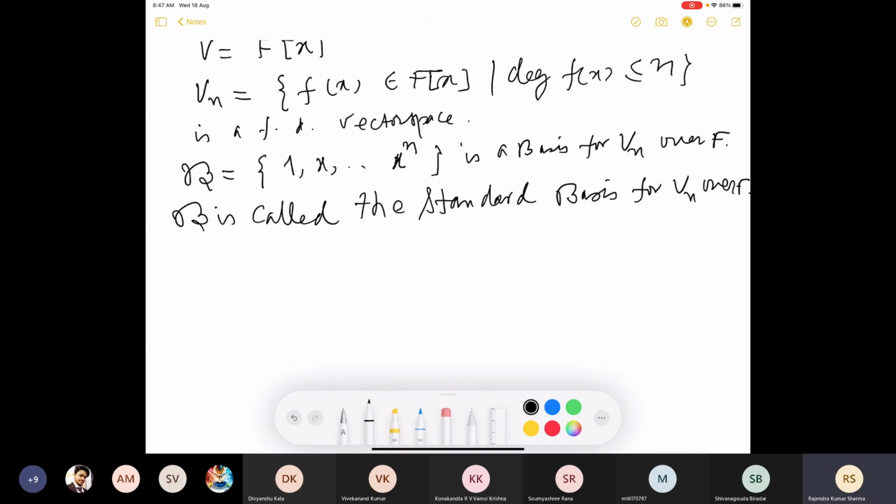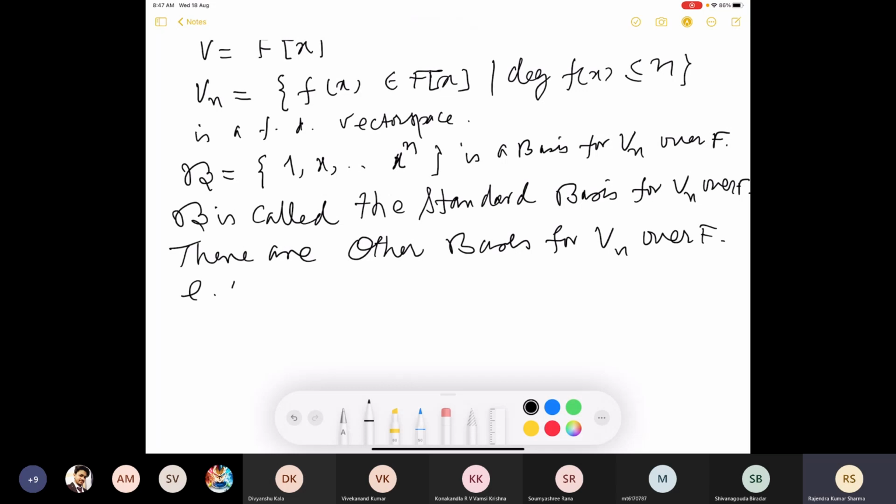There are other bases for Vn over F. For example, you can take, say, B1, with the vectors 1 plus x, 1 plus x square, and 1 plus x power n.